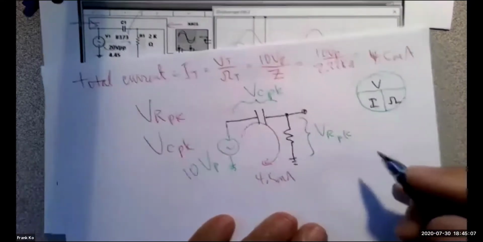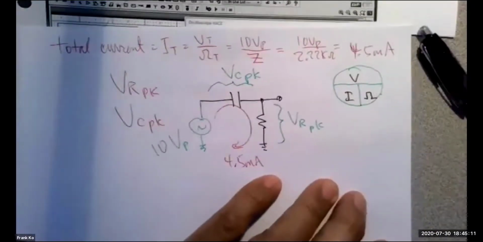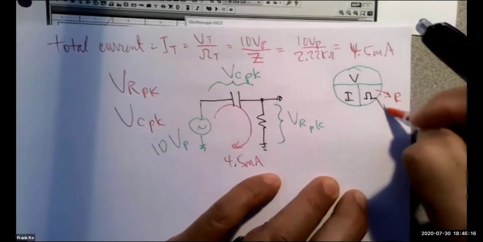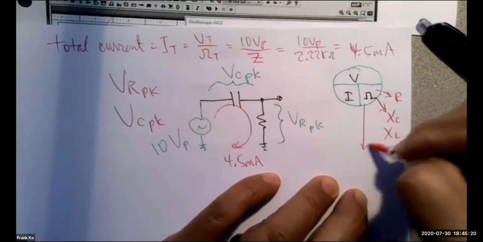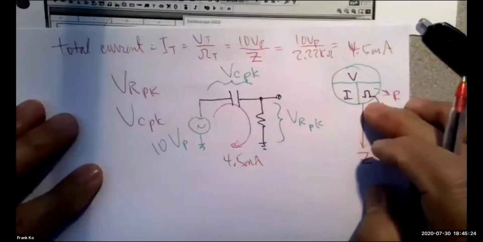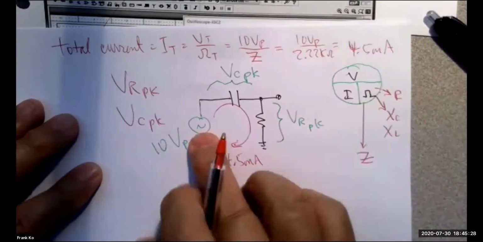Because in this particular part of our Ohm's law formula, ohms here could be an R, ohms here could be an XC or an XL, ohms here could also represent Z. So VI ohm is a better way of showing this once we get into AC circuits.